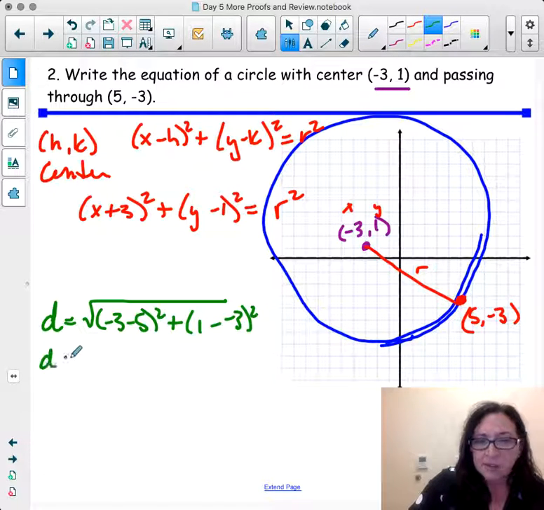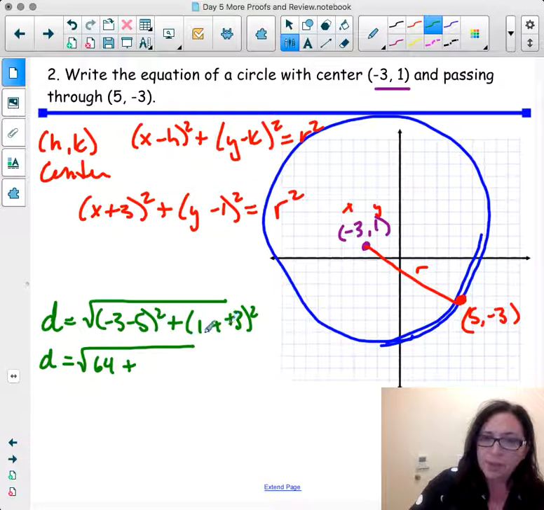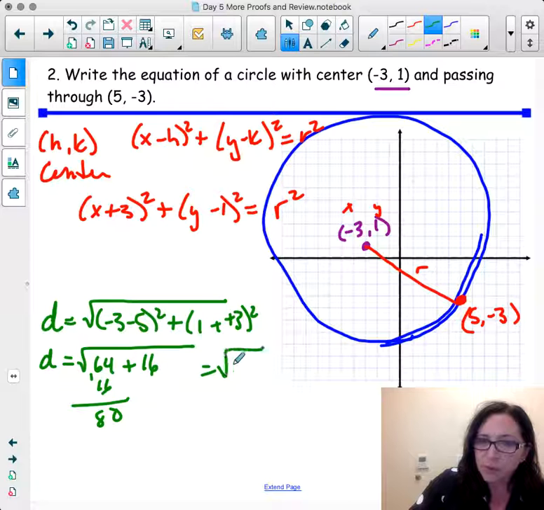My distance between the 2 points is going to be -8 squared, which is positive 64, plus, these make plus, so that's 4 squared, which is 16. So 64 plus 16 is 80. So this is the square root of 80.